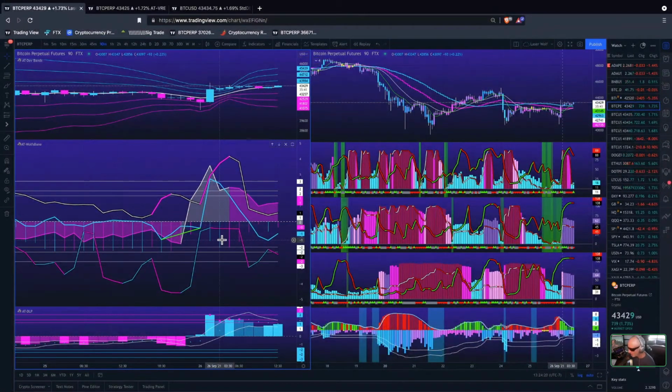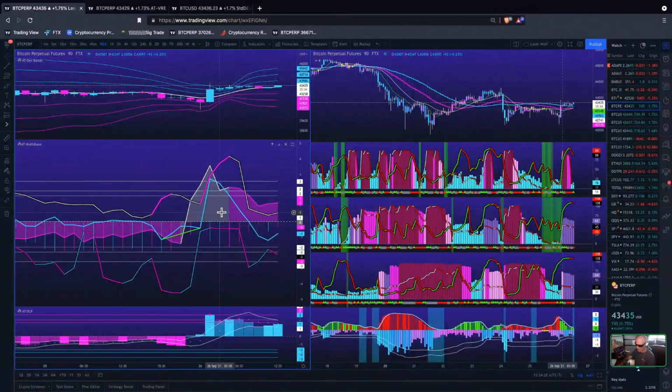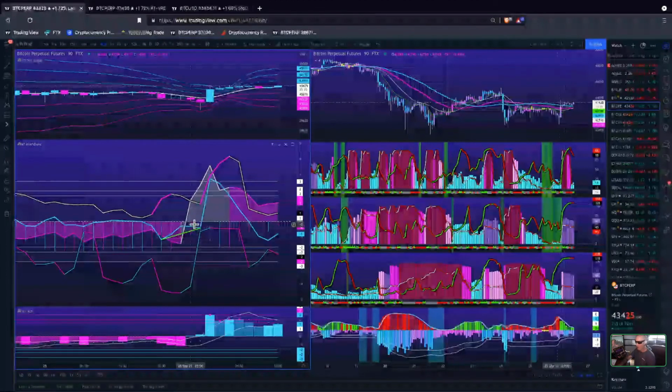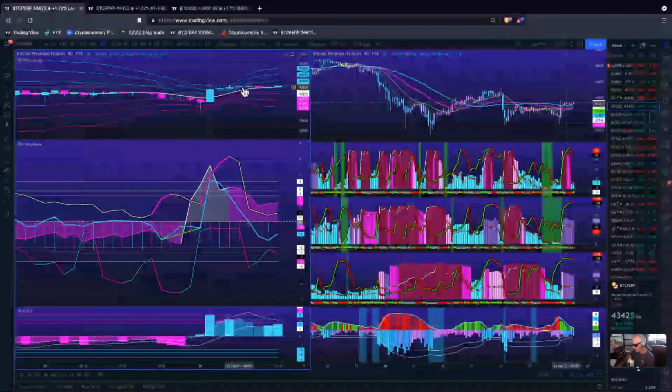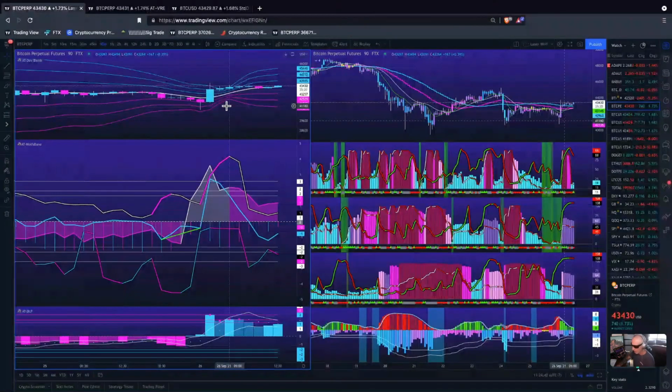Let's see. Right now we've got one of the alphas in the area and the blue line. They're both printing hidden bullish divergence, which is a continuation divergence. So it wouldn't shock me at all. Look, I'll show you right here. You see the bottom on this blue candle?